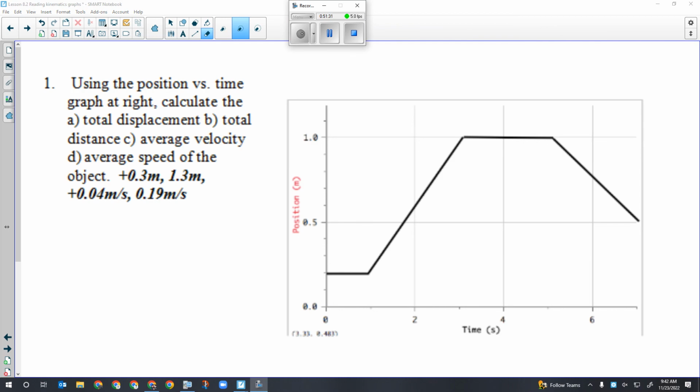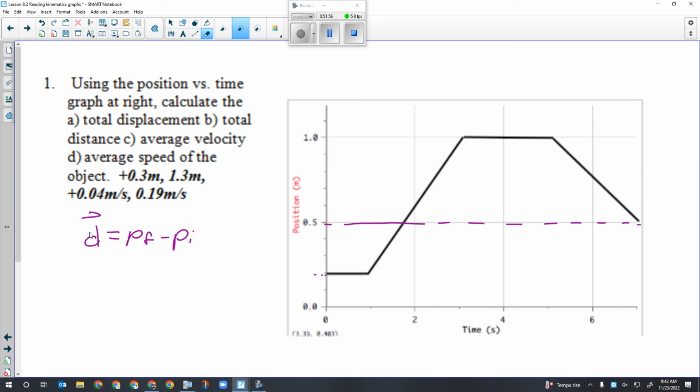This one wants to know the total displacement. This graph is showing me position and time. If I want to calculate displacement, that's final position minus initial position. According to the graph, the final position is 0.5 meters, and the initial position is 0.2 meters.